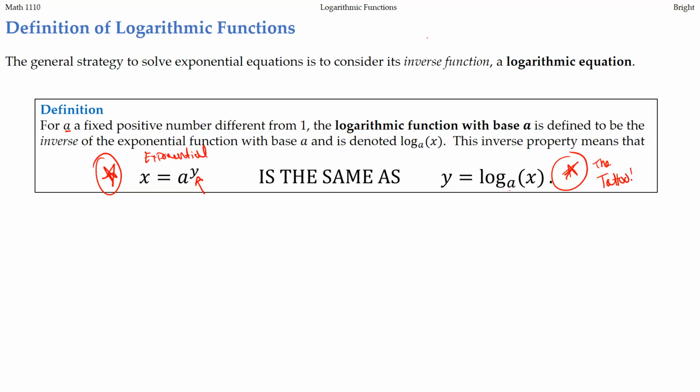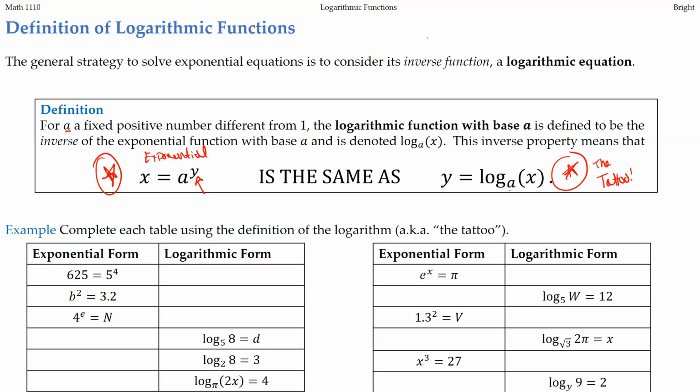In the rest of the video, we're just going to work on completing these tables. I'm going to do the left table with you, and then you're going to try a series of quiz questions to help you figure out the right table. So in logarithmic form for the first one, 625 is equal to 5 to the 4th, a true statement.